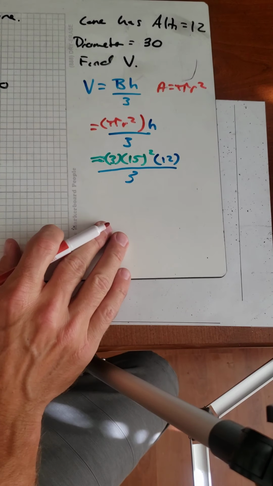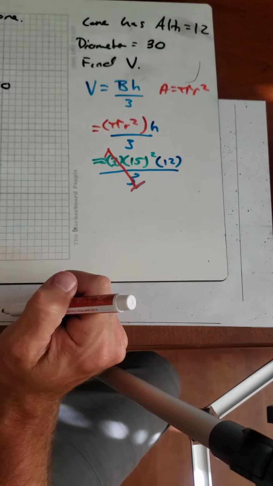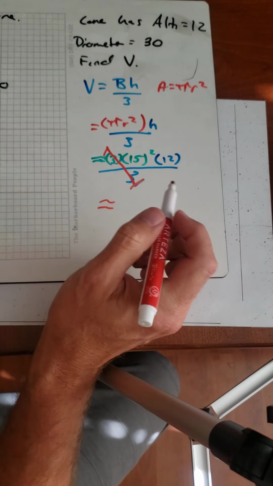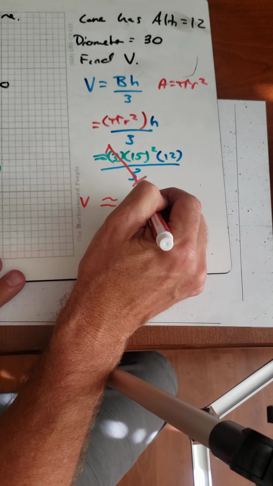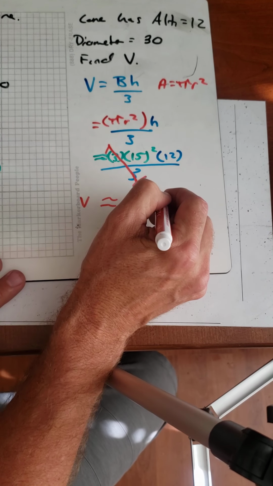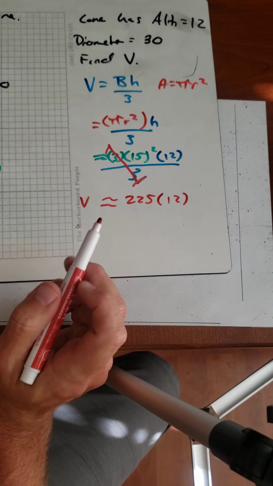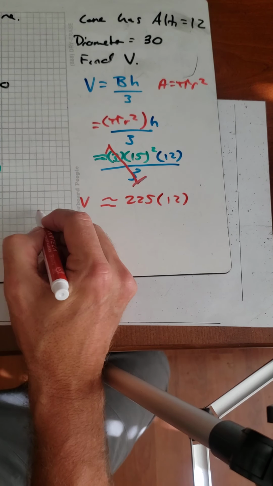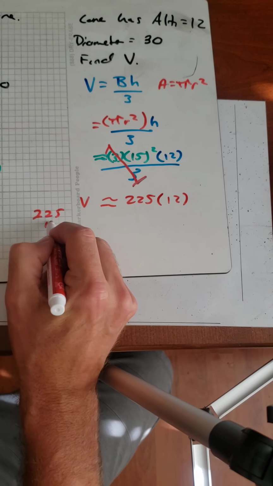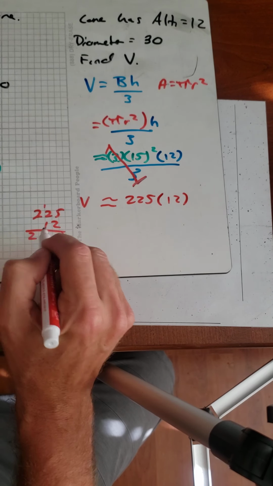Now the way that I do this is I know that this 3 and that 3 are going to simplify out. So the volume is equal to 15 squared, which is 225, times 12. So now over here, I'm going to do 225 times 12.